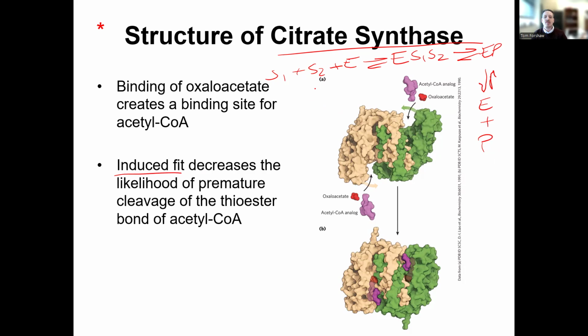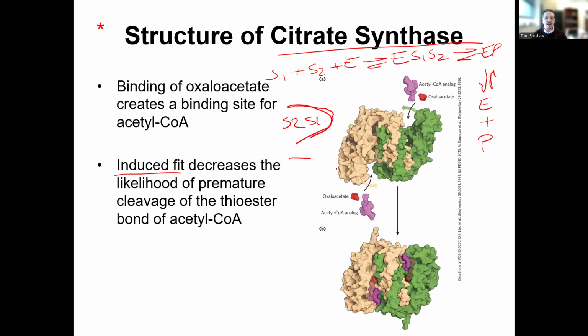But they need to bind in a specific order because there's two things that can bind, and it's actually important that they bind in the right order. Otherwise, they won't be orientated properly within the active site of the enzyme. And that's on the next slide. If this red curve here is the active site, a little pocket within the protein, it needs to be substrate 1 and then substrate 2.